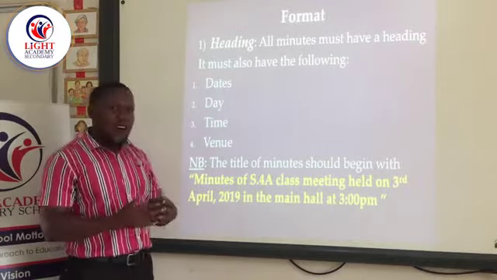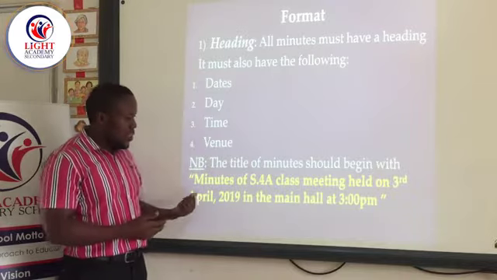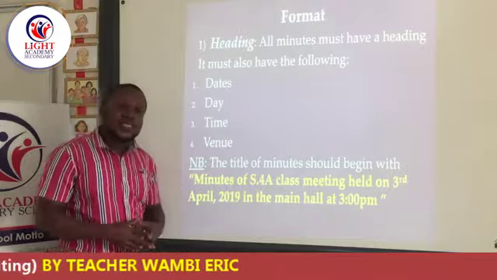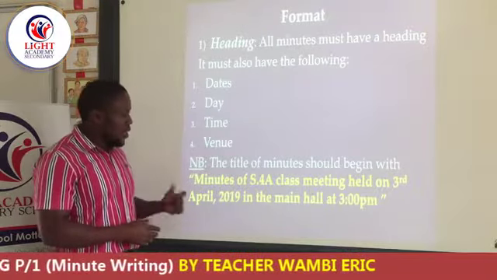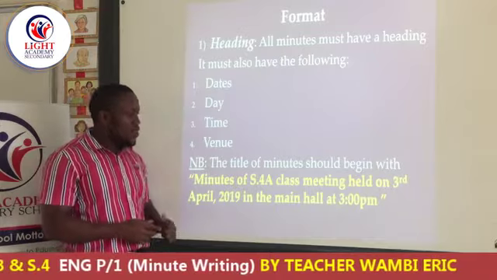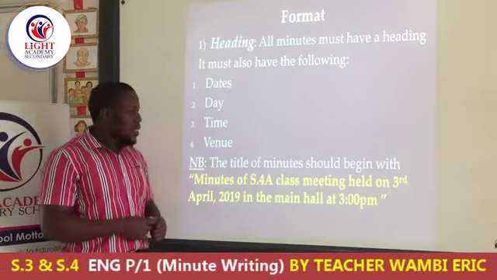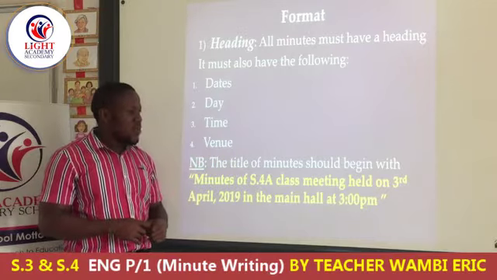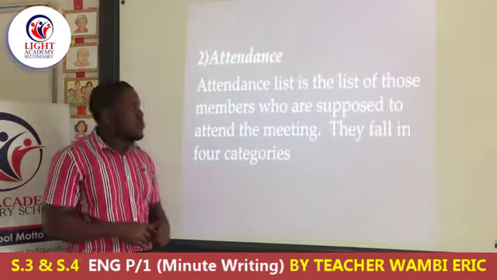An example of how best we can write our title is as follows. So my title for this afternoon, I chose Senior 4A. So let's begin by writing our title by saying Minutes of Senior 4 Class Meeting held on 3rd April 2019 in the main hall at 3 p.m.